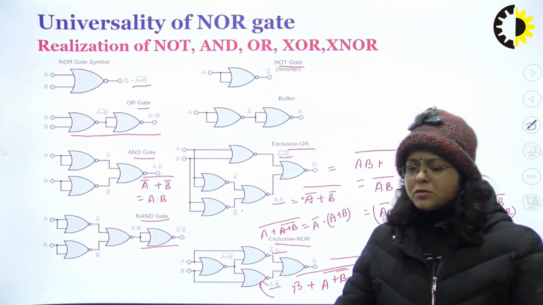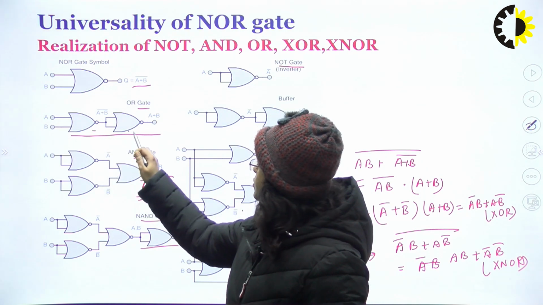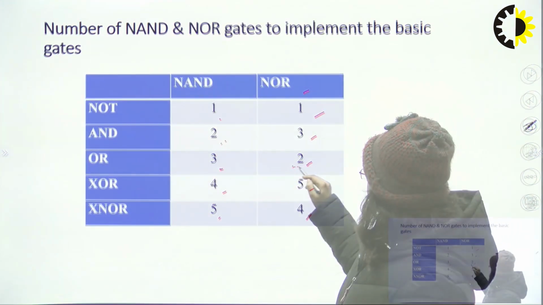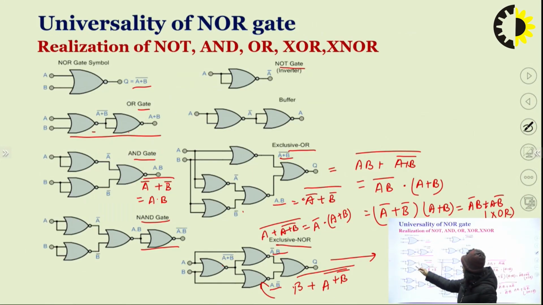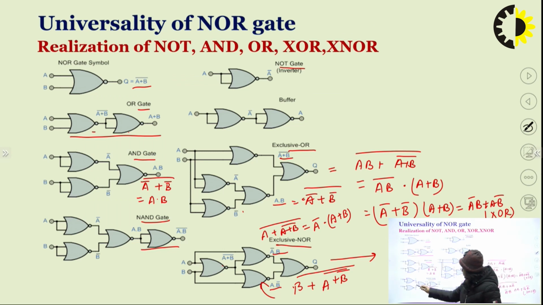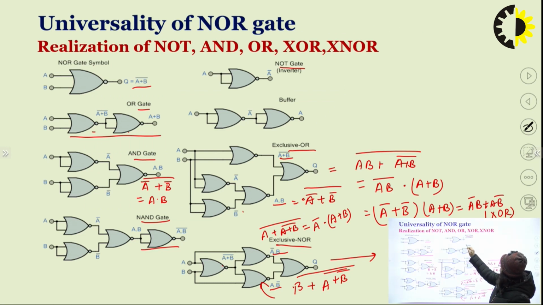We can count this from here. For OR gate we require 2, for AND gate we require 3, for NAND gate we require 4, which is not written here. Then for NOT gate only 1.